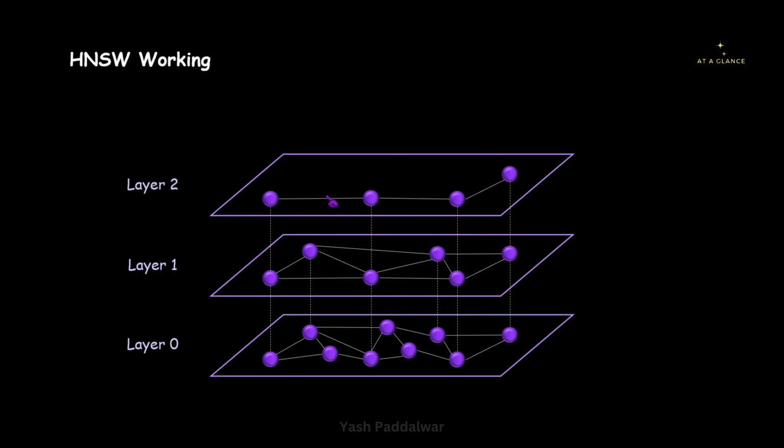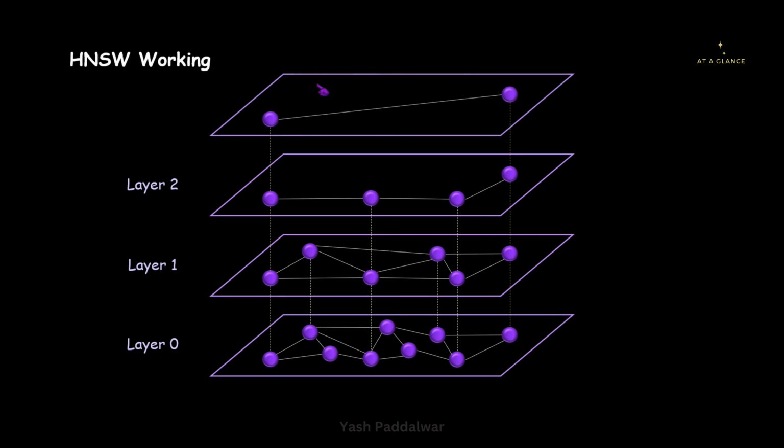Let's have one more layer, and in that we'll only keep 2 representative documents. So these 2 are the representative documents and they are going to be a part of layer 3, that is the highest layer. So here you can clearly see that as we move up, the number of documents reduces. At the bottom we have all the documents that are present in the corpus.